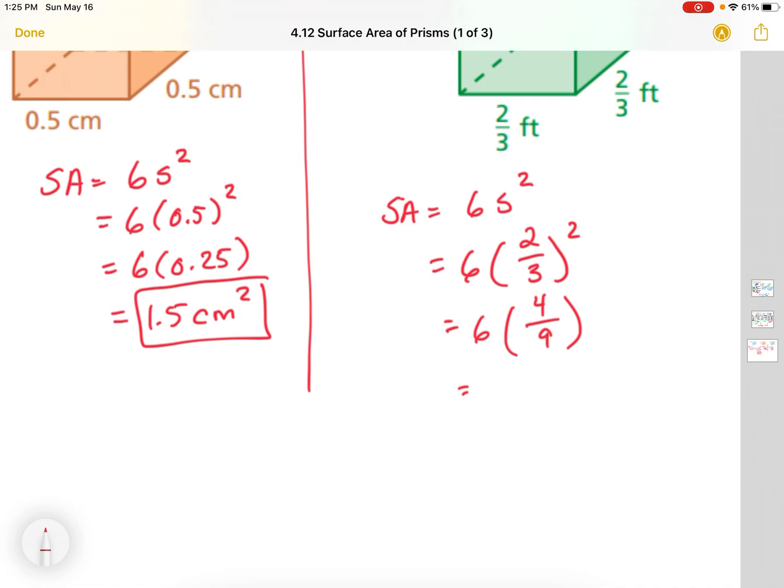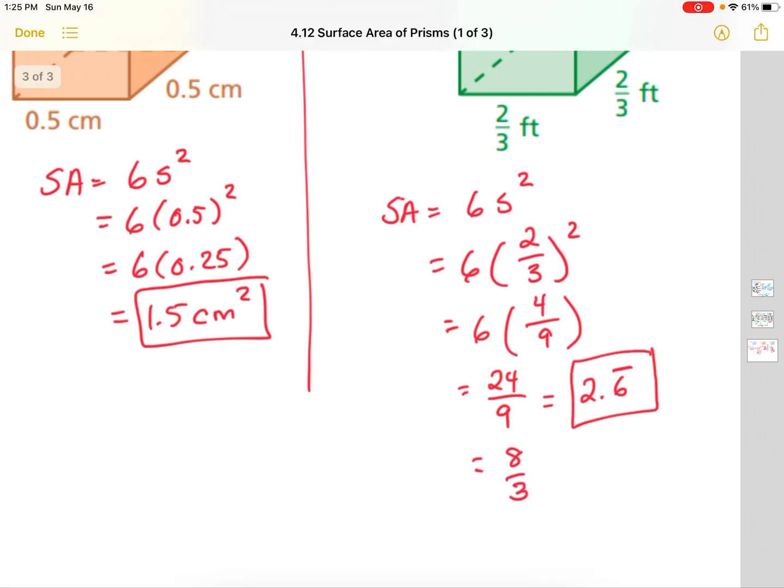So 6 times 4 is 24 over 9. You can change it to a decimal if you want. I get 2.6 repeating. Or you can also say, this is like 8 over 3. So either one you can give me.